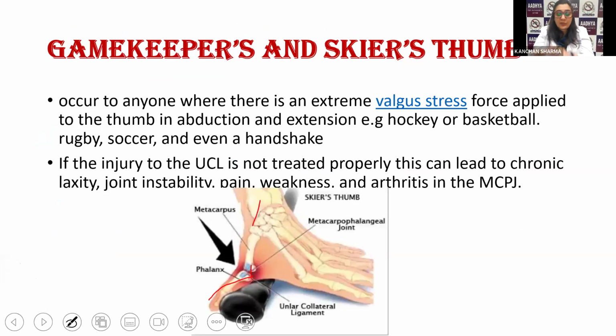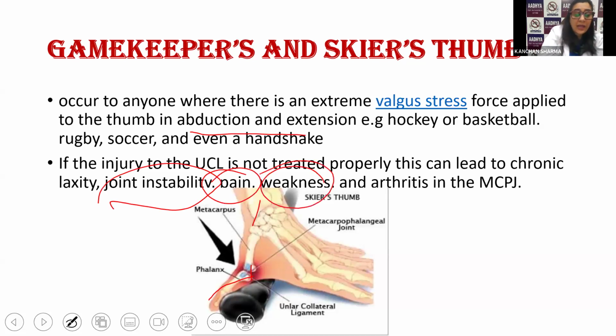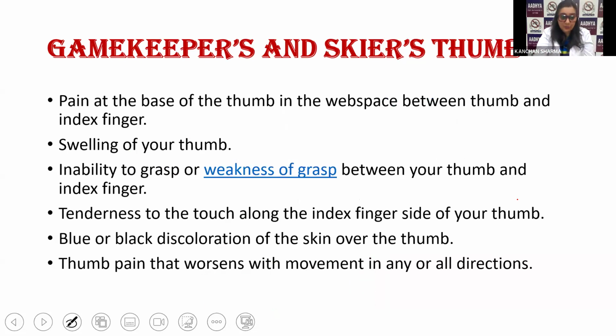So there is much valgus stress to the thumb in abduction and extension, like when you play hockey or basketball. So this is more commonly related to sports injury. These patients will have joint laxity, pain, weakness, and because it is just over the metacarpophalangeal joint, they can even have arthritis in the metacarpophalangeal joint.